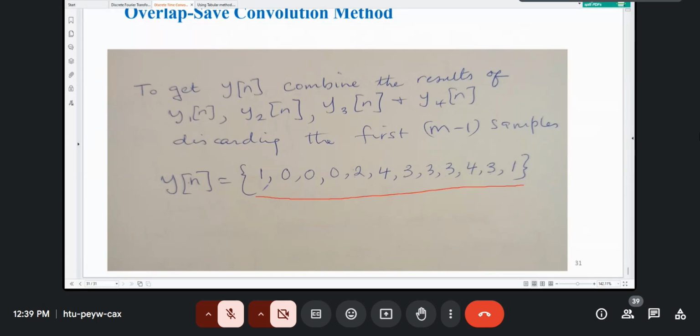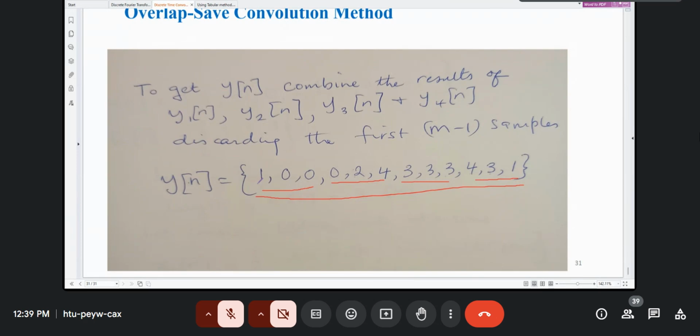100, 024, 333, 431. And you notice these are the last 3 samples of every sequence, because we are discarding the first M minus 1 samples.